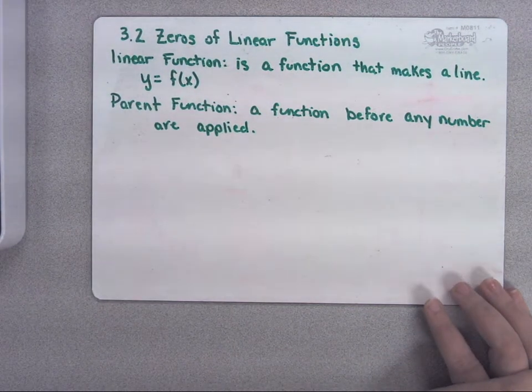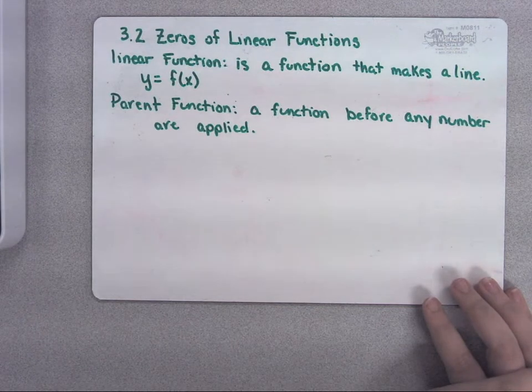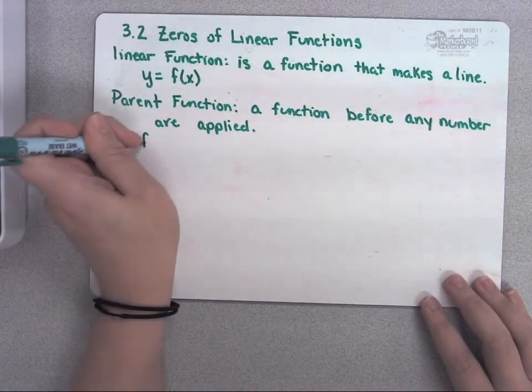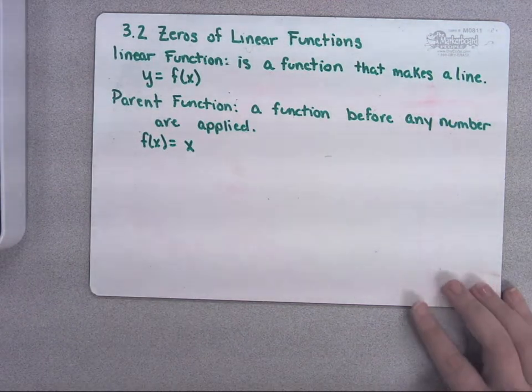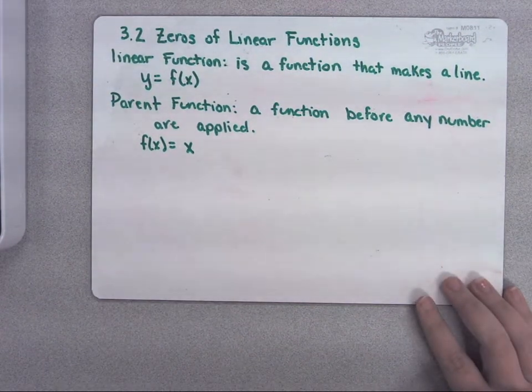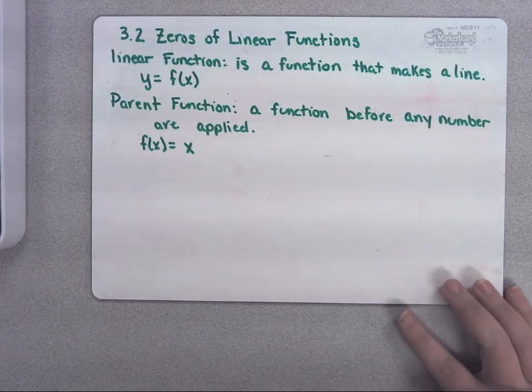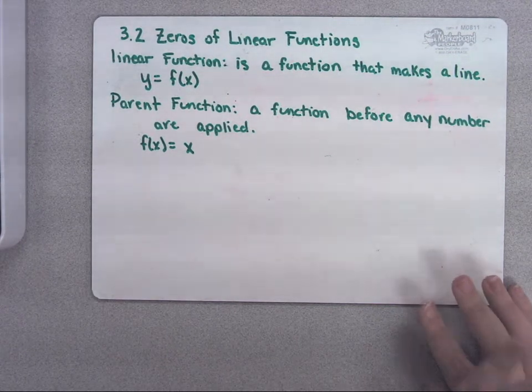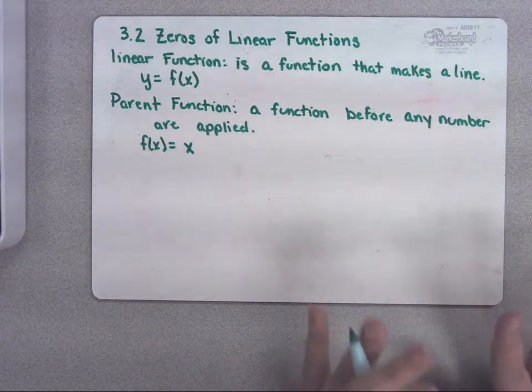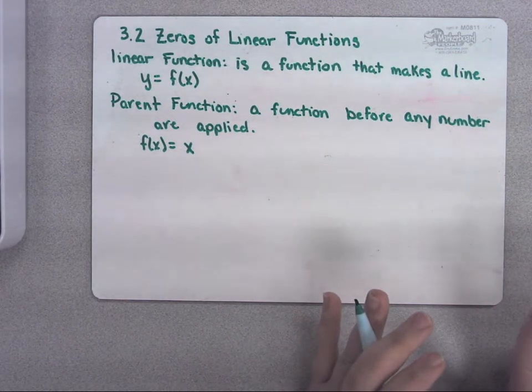So we've only talked about linear things, right? Linear equations. So the linear function, parent function, is f of x equals just x. Because there's no numbers, right? We're not multiplying by any big numbers. We're not adding or subtracting any numbers. It's just x. That's the original function, okay?